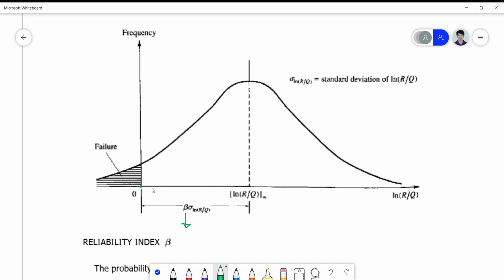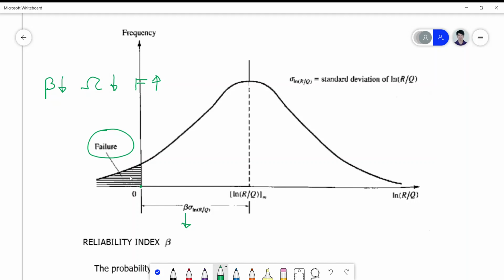When beta is small, then the probability of failure becomes big. Take a look that when beta is small, your margin of safety, or omega, is small also, because your failure, the area, is big.